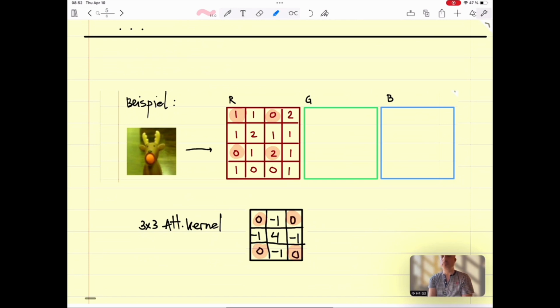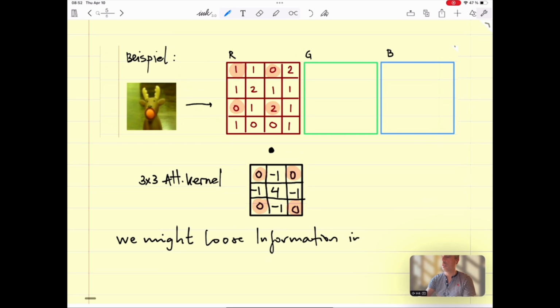So what do we do? Anybody have an idea? We might lose information in the edges of an image with certain kernels.